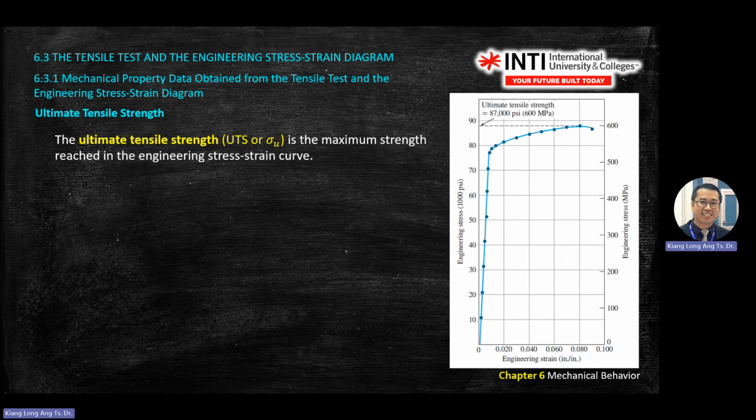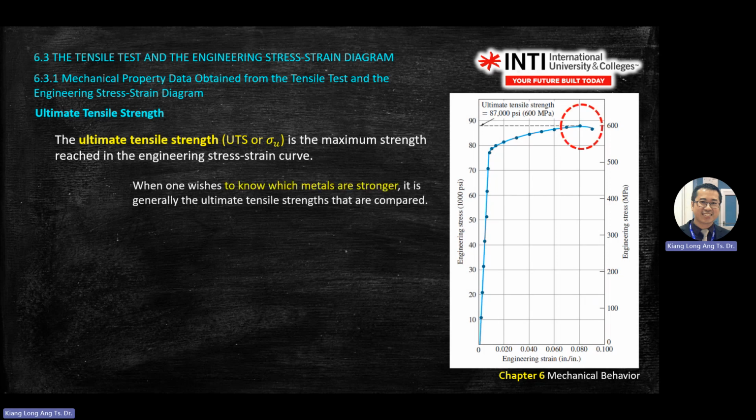UTS, ultimate strength, basically you label as sigma U to represent ultimate. It is the maximum point on the curve. Okay, so this is to know which metal is stronger. But you won't use this value in your design, in your material selection.